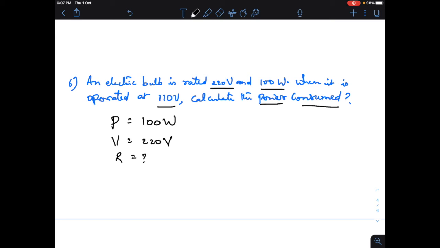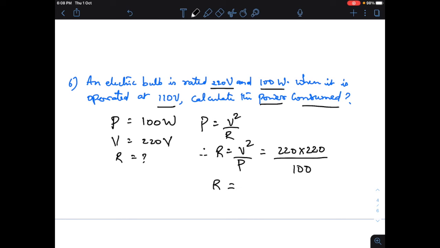We know P is equal to V square by R. Therefore, R is equal to V square by P. Now, V square is 220 into 220 by P is 100. When you simplify that, that will be equal to 484 ohms, the resistance of the bulb.